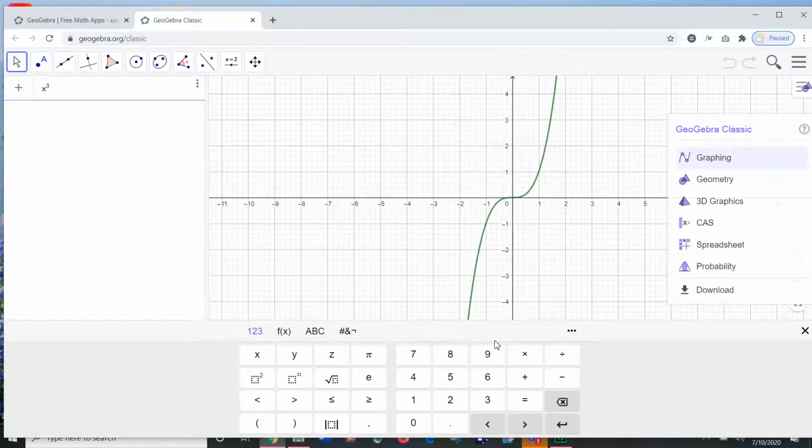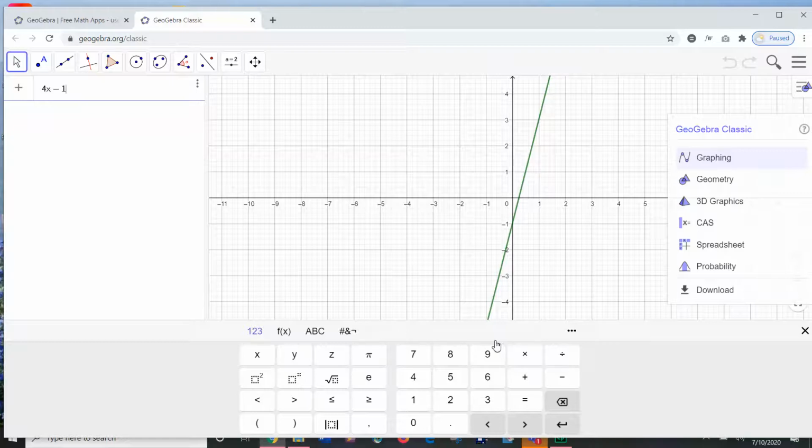Okay, let's try one more. So we're going to remove the 3 and remove the to the exponent. And now we're going to remove the x, and we'll type 4x minus 1. Now, let's describe this graph.